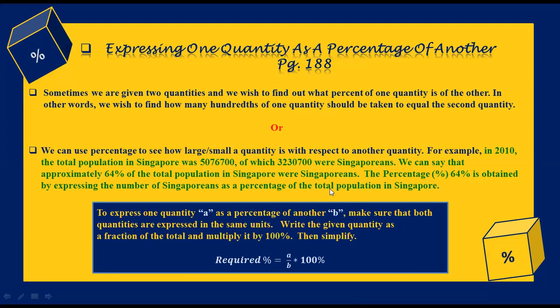So write the given quantity, जिसको हमने दूसरी क्वांटिटी में एक्सप्रेस करना है as a percentage, तो उसको हमने न्यूमरेटर में रखना है, A. Write the given quantity as a fraction of the total and multiply it by 100%. Then simplify. Required percentage is equal to a upon b multiply by 100%.